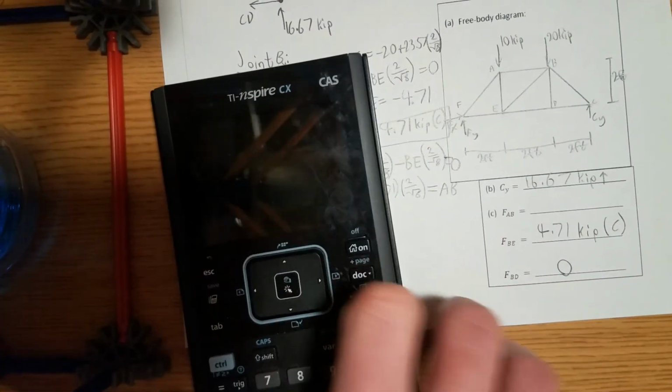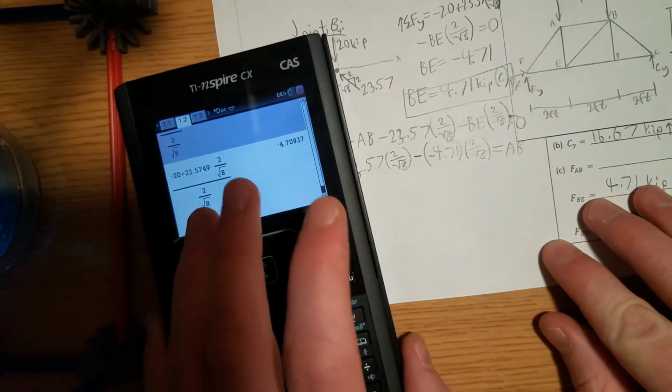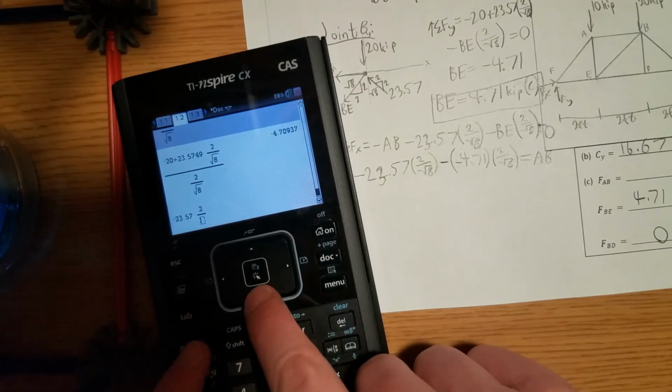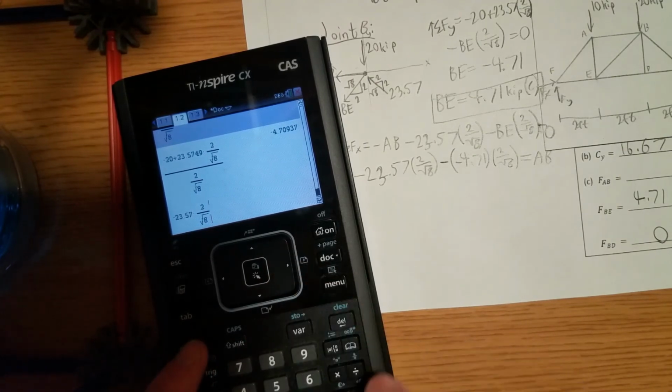So once again, a handy dandy calculator. We'll go ahead and have negative 23.57 times 2 over the square root of 8 minus negative 4.71 times 2 over the square root of 8. It's a little redundant there, but gets the job done.